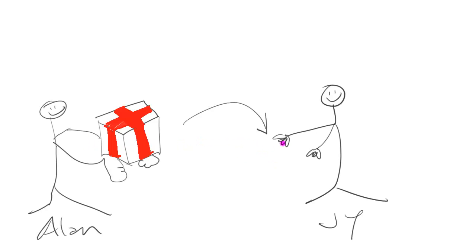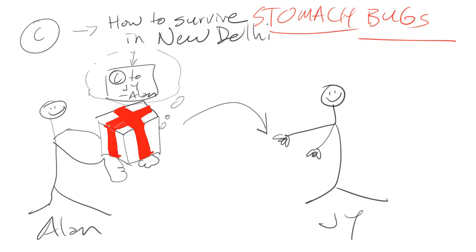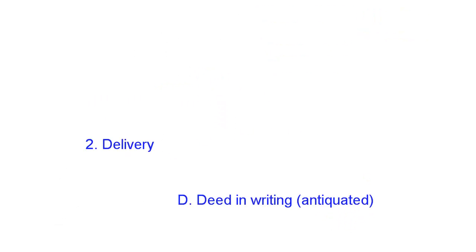Here's an example. Alan's going to give JY the copyright to a book he wrote, the copyright to Alan's handy guide called How to Survive New Delhi. He can't actually place the copyright into JY's hand, so what he's done is he's drafted a document and all it says is, this is Alan, I'm going to give the copyright to my friend JY. So that's a symbolic transfer.